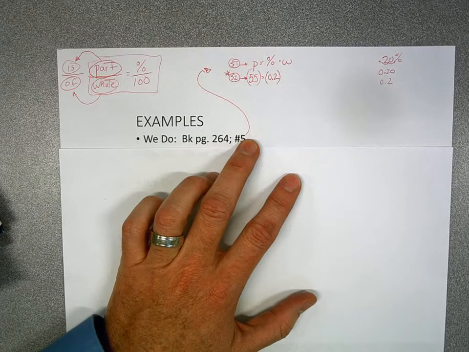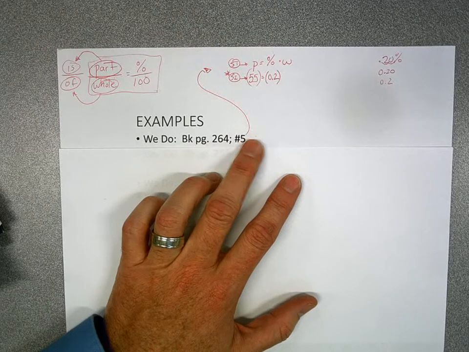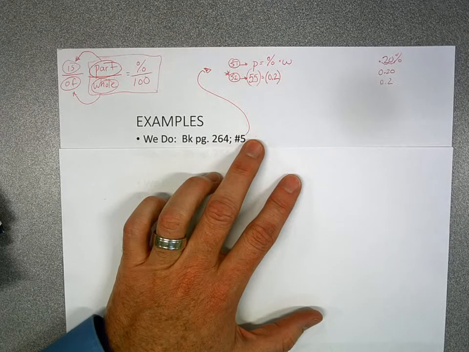Anytime you use the equation form, the percent is always in decimal form. I'm sorry, anytime you use a percent equation, the percent is always expressed as a decimal.